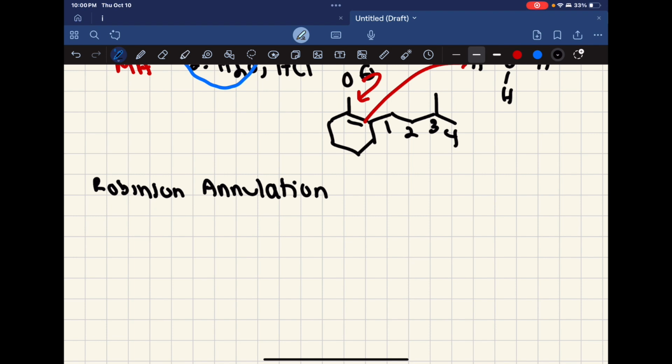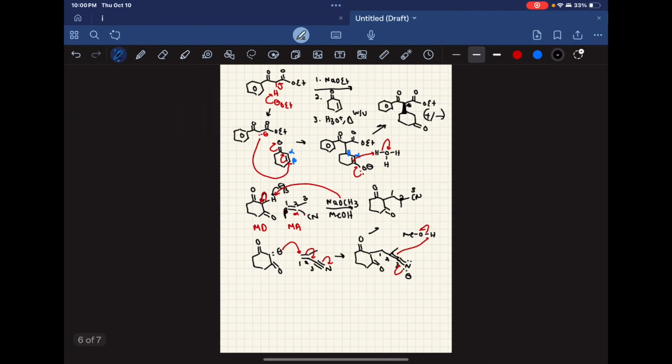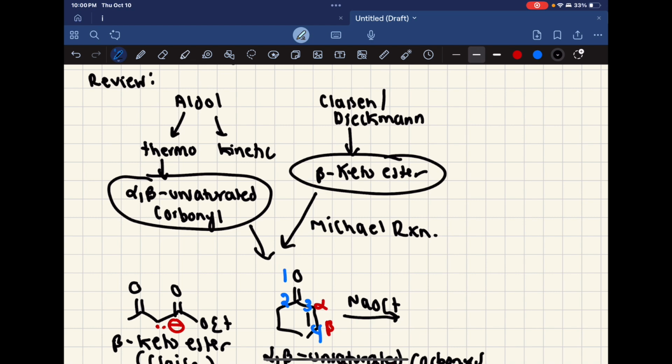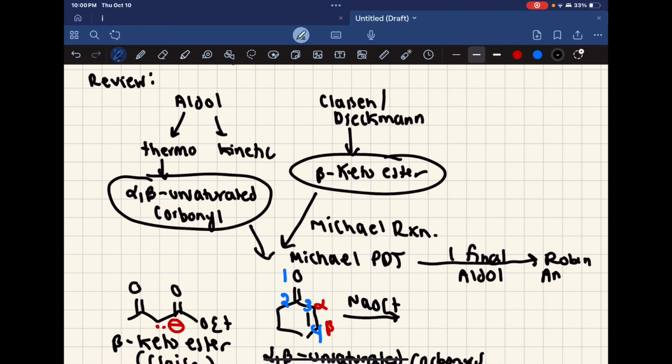So now we've seen, maybe I'll go back to the last page here. We've seen aldol, we've seen Claisen, we've seen Dieckmann. We've now seen Michael. So the result of a Michael reaction we'll call a Michael product. And if we do one final aldol, we will get a Robinson annulation.